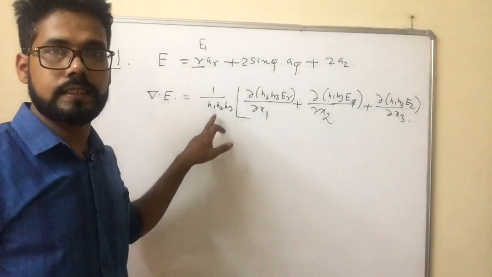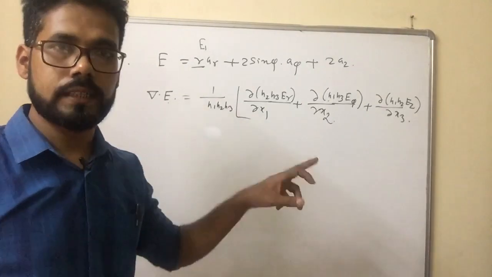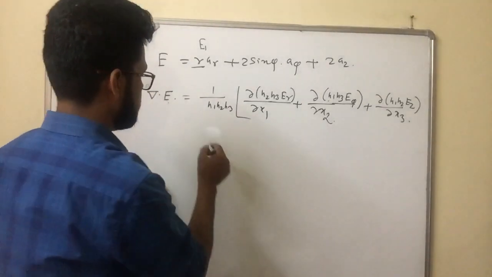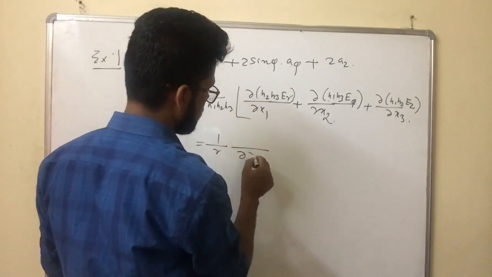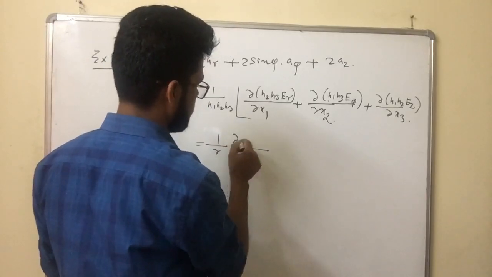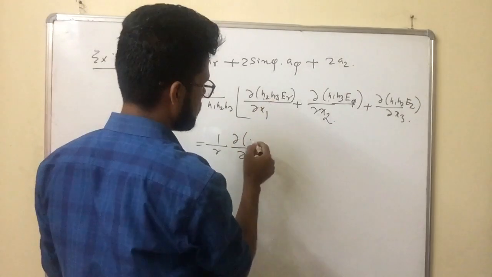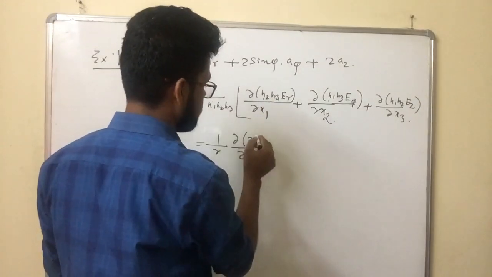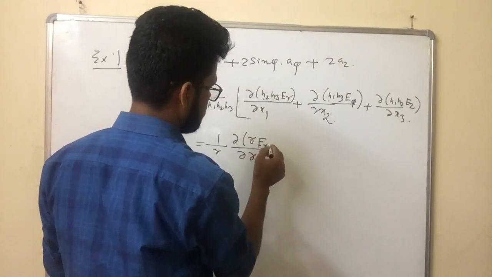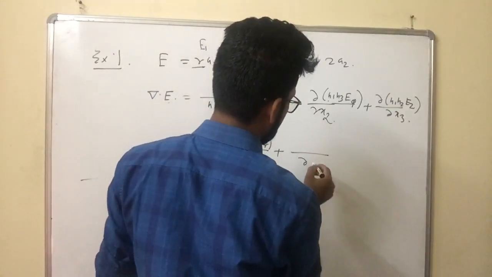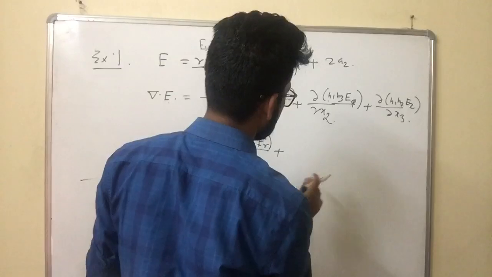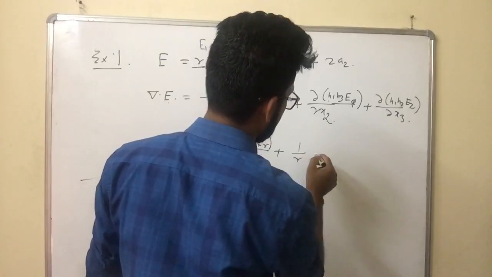So in cylinder, H1 equal to 1, H2 equal to R, H3 equal to 1. So it will be 1 by R. First term is 1 by R, d by dr. This is H2 H3, it will give R E_R. Next term, 1 by R is there.